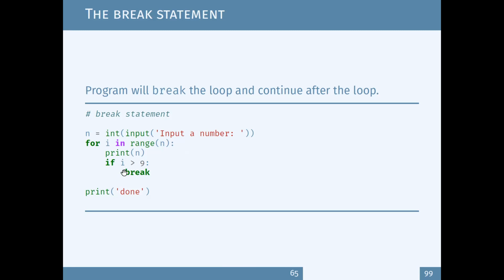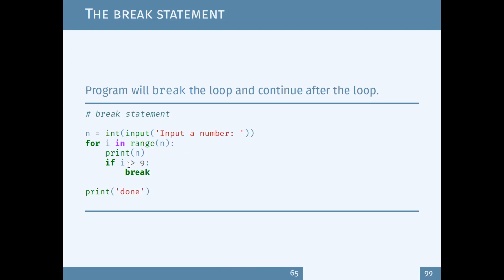What it says is, if the i value is greater than 9, whatever the value of n is, then you should come out. Irrespective of the value of n, if i is greater than 9, it should break.